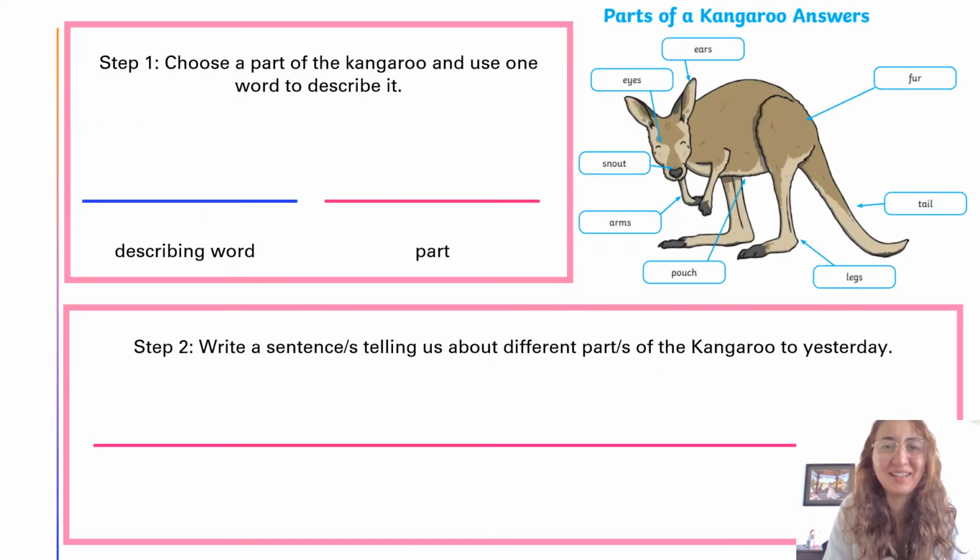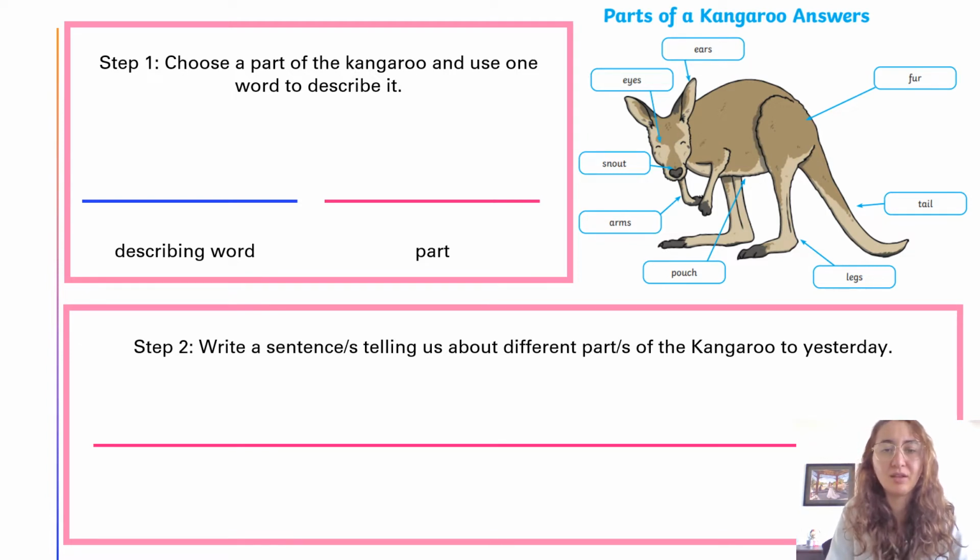Now, last time, I wrote a sentence on the tail. You might have done the tail, the legs, and the pouch, or you might have written two sentences. Today you're going to choose another part of the kangaroo. I'm going to choose the arms.